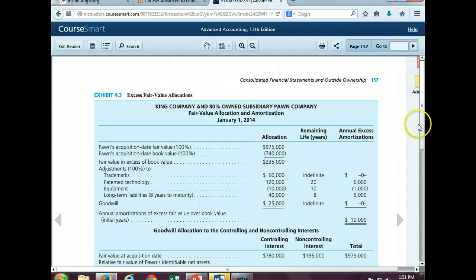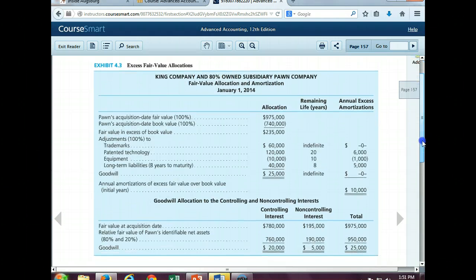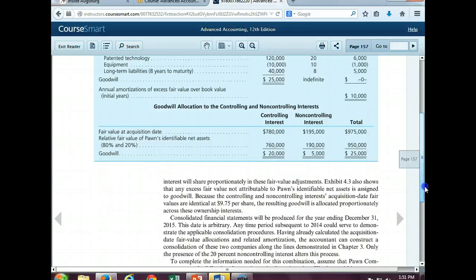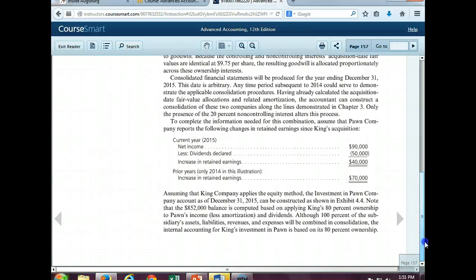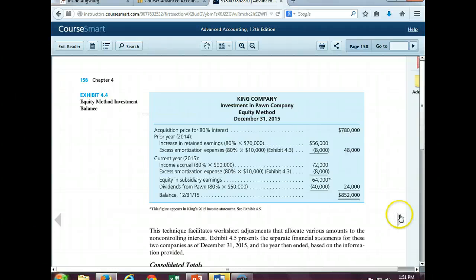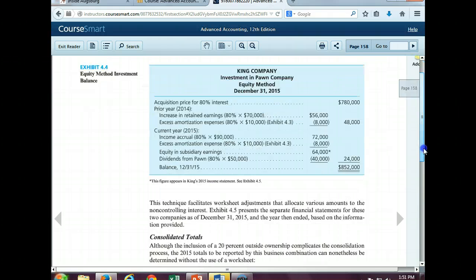So let's go back here. This all makes sense. We understand how the income is being reported by Pawn. Then we understand what we need to show in the equity, our portion of the equity.